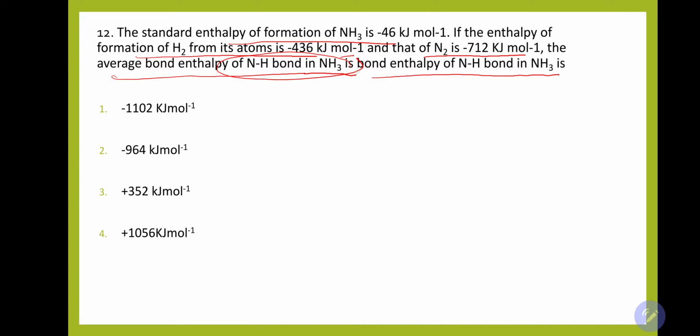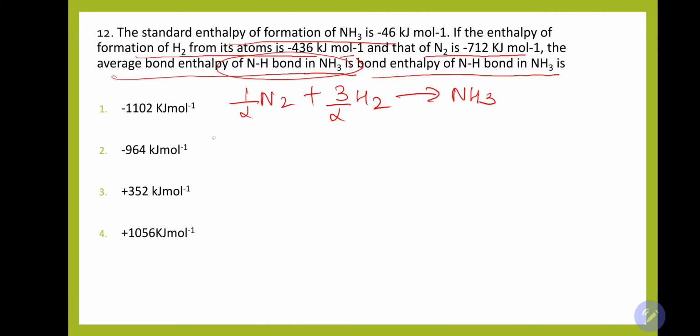Now basically how to solve this question? First of all, let us see the equation of formation of NH3. It will be half N2 plus 3 by 2 H2 gives NH3.